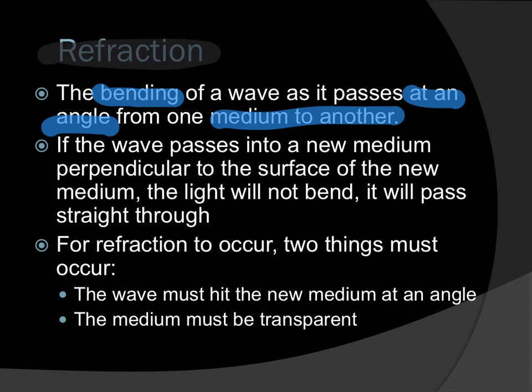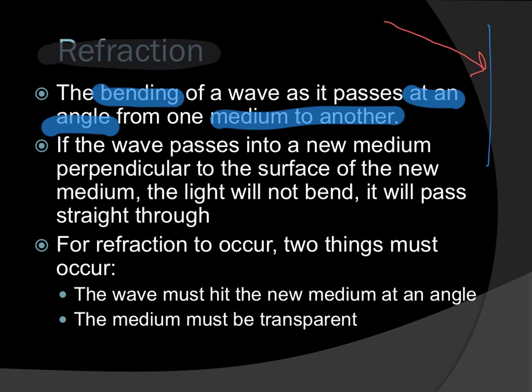So in other words, what we have here is a situation where if we have a barrier between two mediums, and perhaps we've got air on one side, there's air over here, and there's glass over here, as the light wave travels towards that medium, and it has to be at an angle, remember, as it travels towards that medium, and then it passes from one medium to another, what we get is a bending of the light.